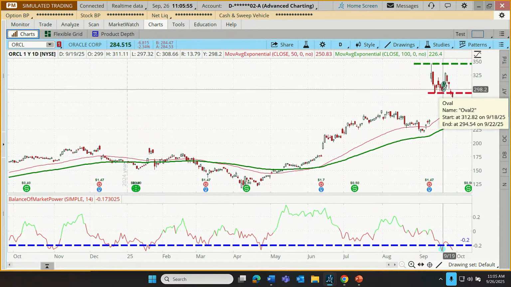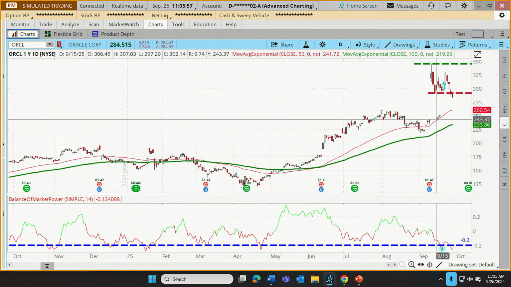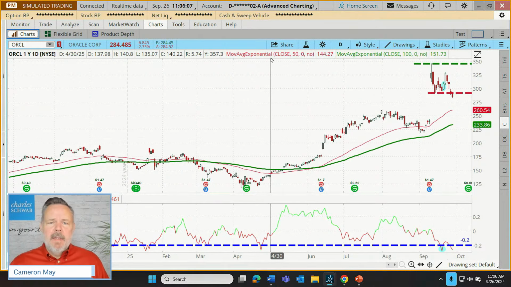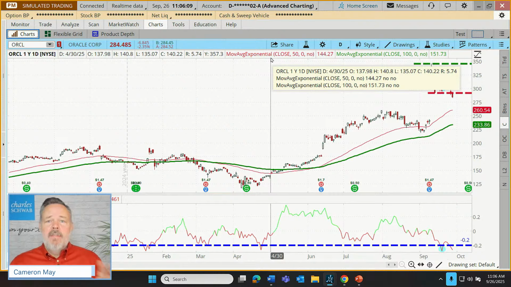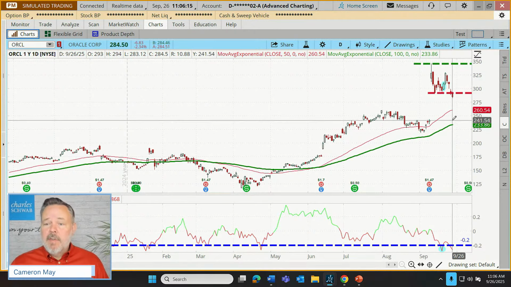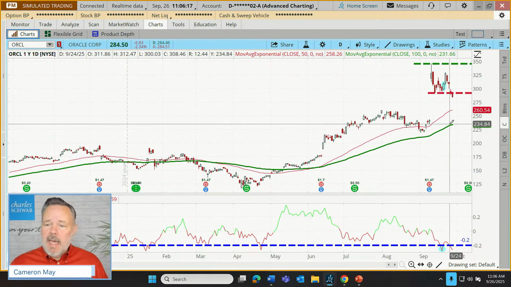And what we noted at that time, for those that use a balance of market power oscillator in the planning of trades, a common trend indicator that's used in combination with that oscillator is an exponential 50 and 100 period combination of moving averages for trend confirmation. If the 50 is still above 100 for some traders, that means the trend is still intact.